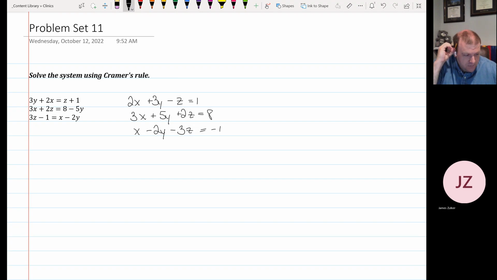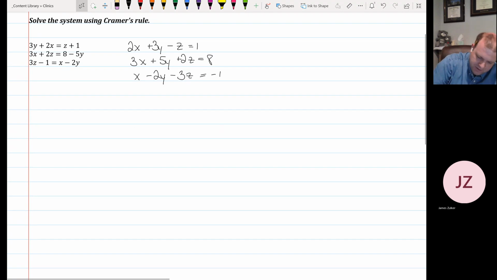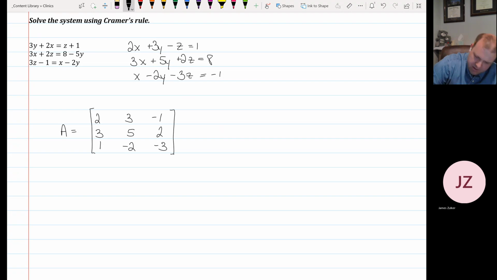Now take note of our coefficient matrix, and I'm also going to take note of our constant vector.